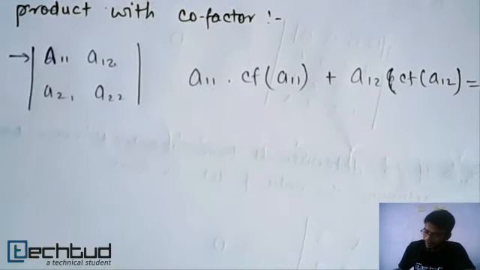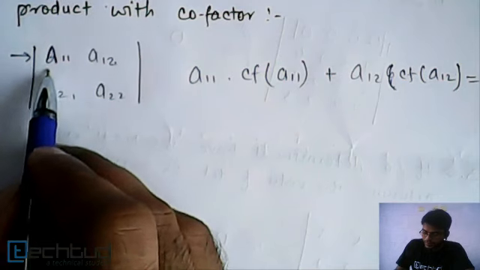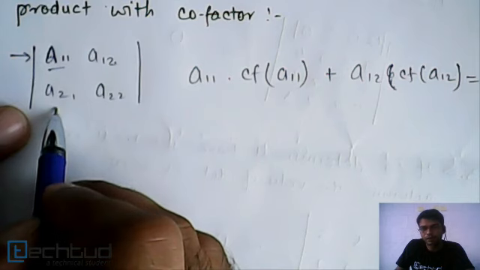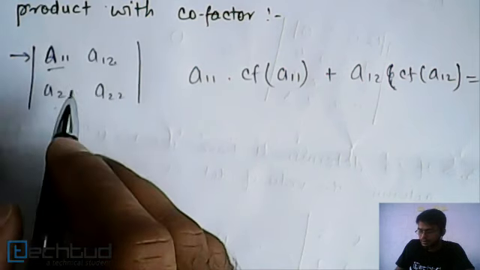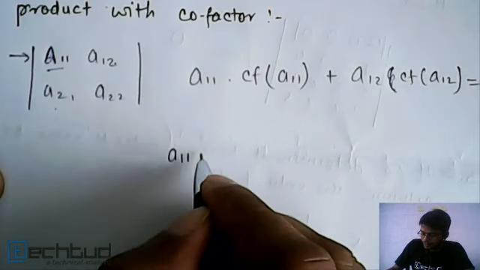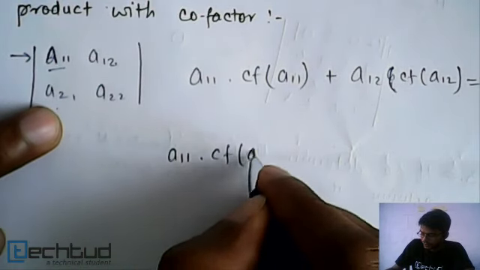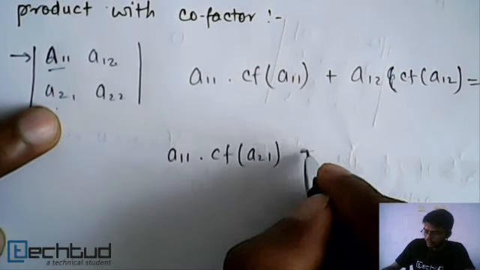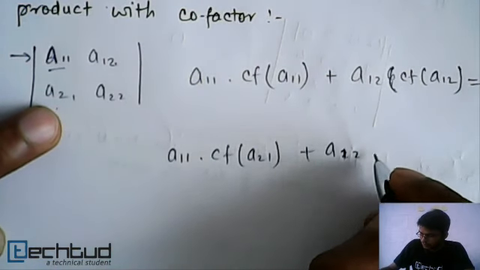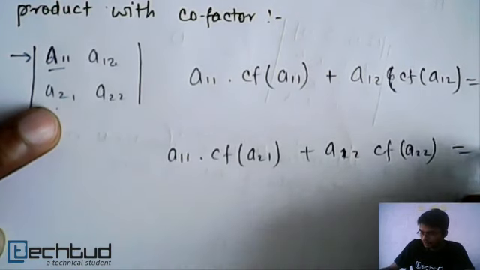But if we multiply an element with the other row's cofactors, for example a11 into cofactor of a21 plus a12 into cofactor of a22, this will give you 0.